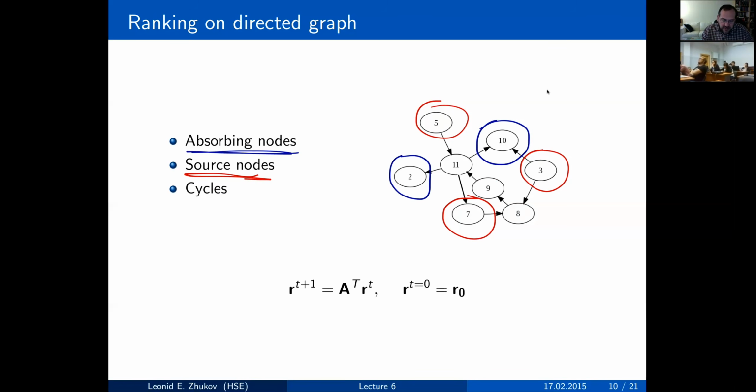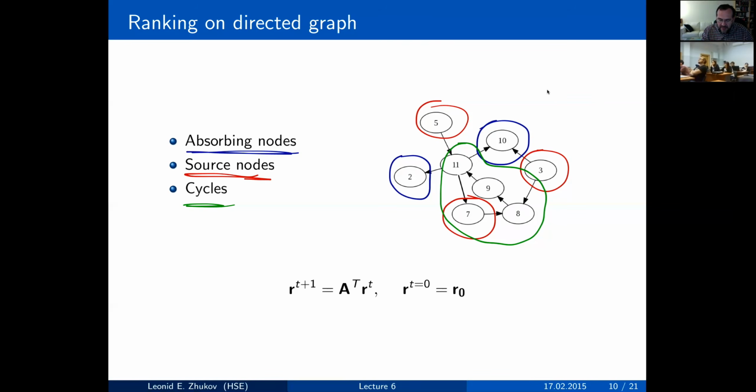And there is a third trouble, and the third trouble is cycles. If you look here, this is actually an extremely problematic graph. If you look at these 3 nodes, there is a cycle of length 3. Now, why is a cycle a problem? Let me give you a very, very simple example.